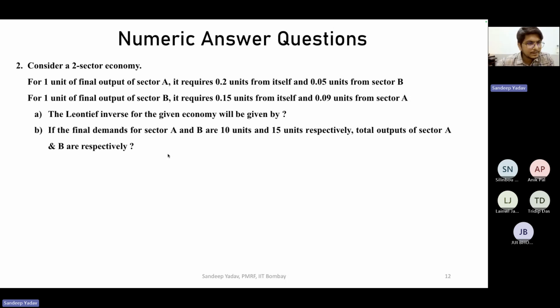And if the final demand for sectors A and B are 10 units and 15 units respectively, then we have to calculate the total output of sector 1 and sector 2. So let's solve.